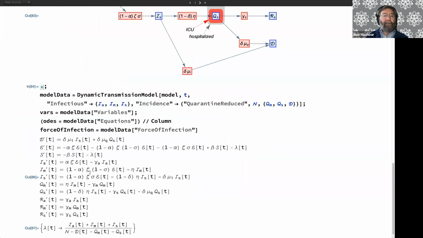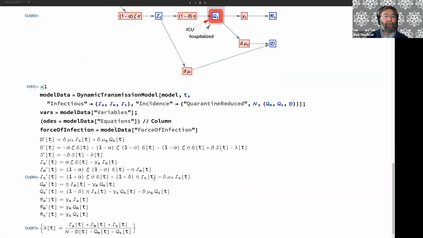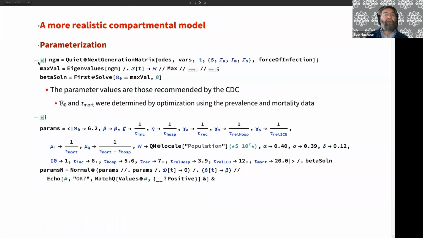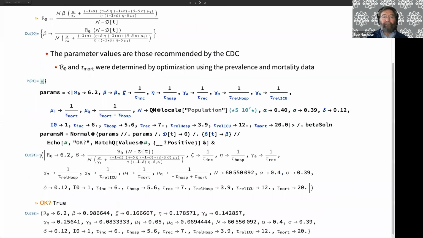So we can define all the components of the model, the differential equations and the force of infection. And we set up the parameters. We can calculate R naught and get a relationship for beta from that. And we can define our parameters.